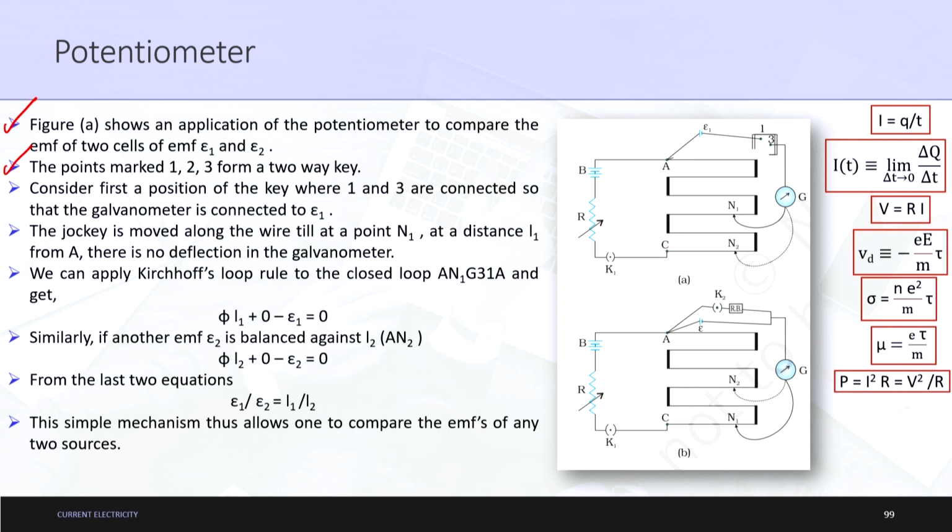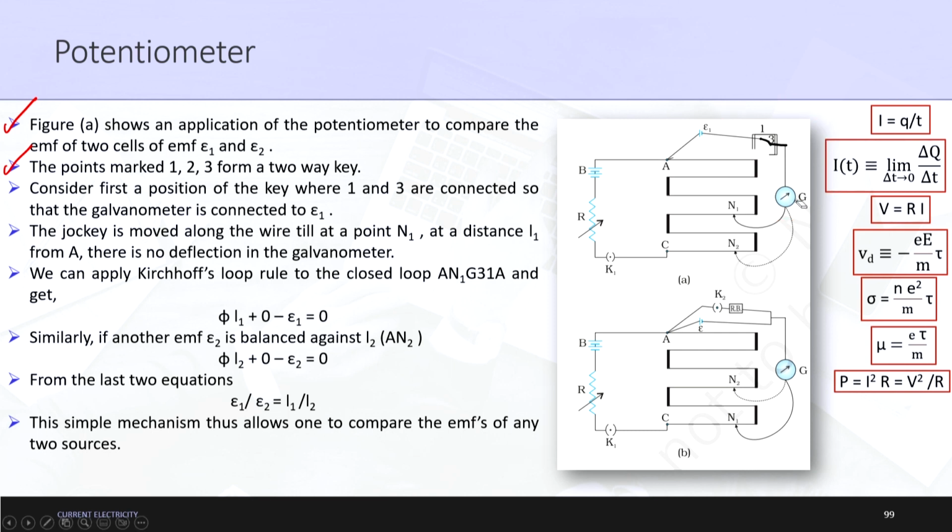Just give me 1 second. Okay, and this has been connected like this. Consider a portion of the key where 1 and 3 are connected here, so that the galvanometer is connected to epsilon 1. As you can see, the galvanometer is connected to epsilon 1 here, quite evident.